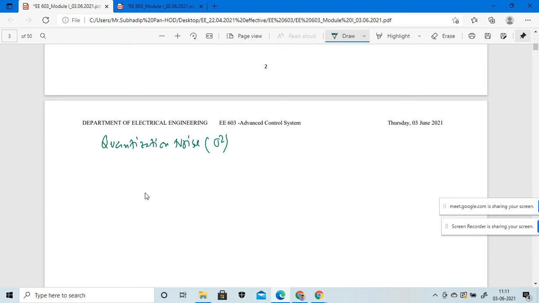This particular noise arises when we have a limit where e to the power t tends to 0. If e to the power t is equal to 0, there will be some variation of the quantization noise, right?